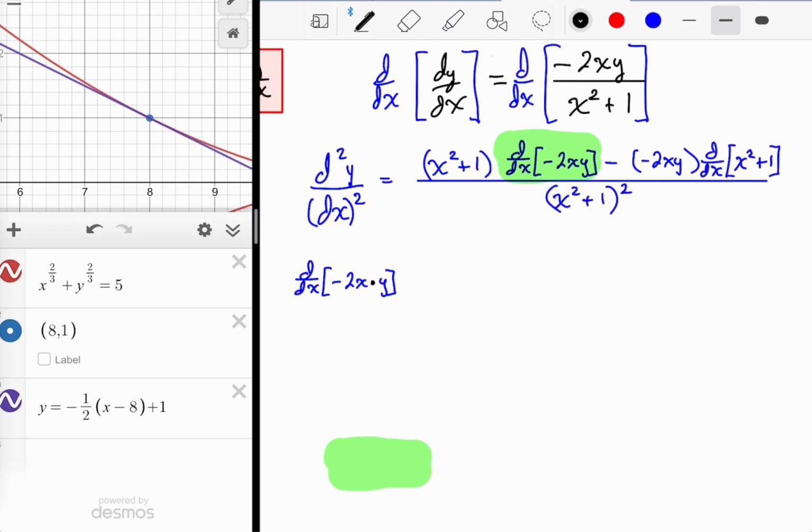That means product rule, two factors in the product. So we're looking at the first, negative 2x, times the derivative of the second. By now you start developing a little bit of muscle memory.